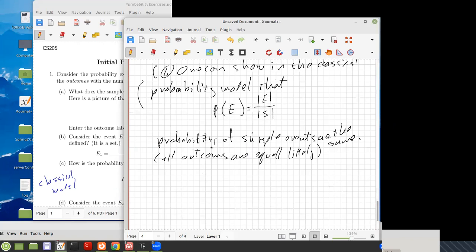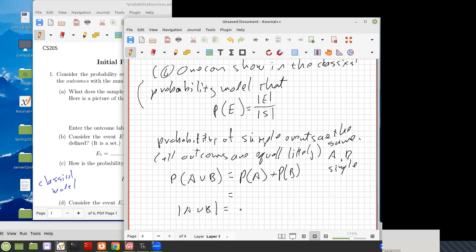Okay, and the idea here is the probability of a union, if A and B are simple, then the probability of the union of A and B, because their intersection is zero because they're simple events, is going to equal the probability of A plus the probability of B. That corresponds to the fact that if these are simple, the number of elements in this is going to equal 2.